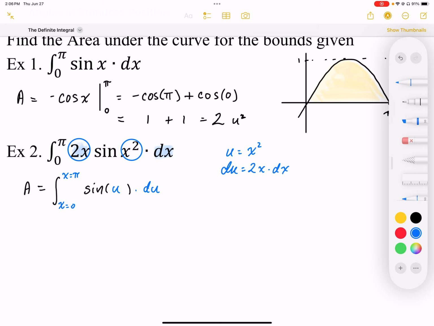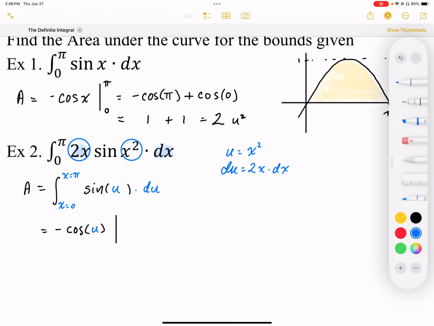Now we could also convert the x into a u using this expression. So we can say it's u equals 0 to u equals pi squared, but it's probably easier just to leave it like that. But once we've done that in terms of u, we're going to anti-differentiate this. So again, we get negative cosine, in this case of u.